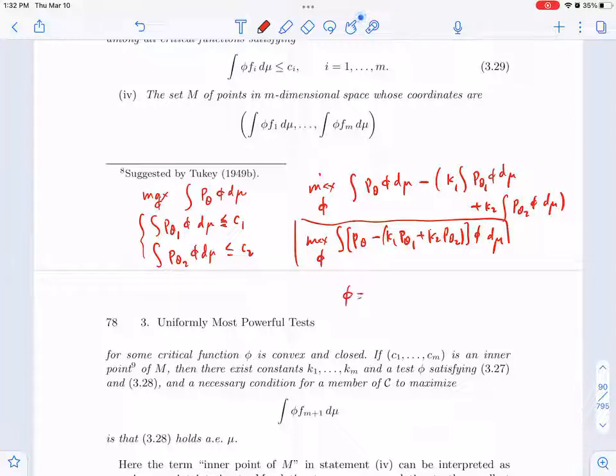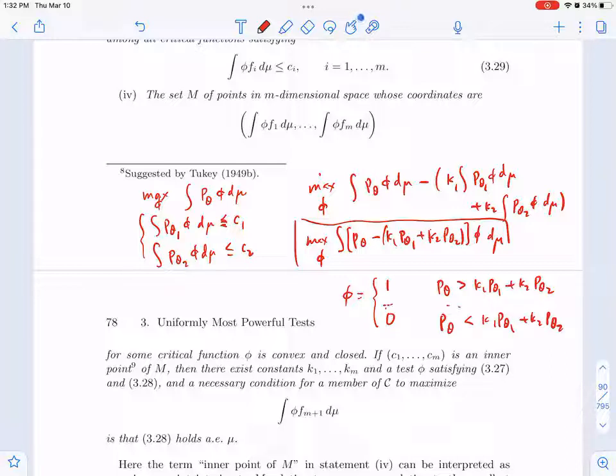So the test that maximizes this would have the structure that it's 1 if p theta is bigger than k1 p theta 1 plus k2 p theta 2, 0 if p theta is less than k1 p theta 1 plus k2 p theta 2. And here you don't have to determine it.